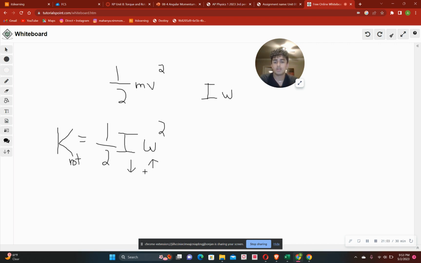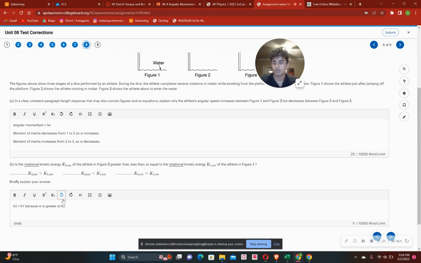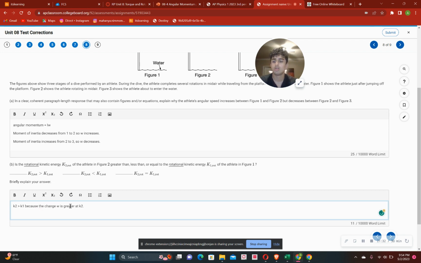The moment of inertia will decrease, so omega will increase, but omega is being squared. So if I decreases by double, then omega will increase by 4 times because it's 2 squared, which is why the rotational kinetic energy for figure 2 is greater than that of figure 1, because the change in omega is greater, right?